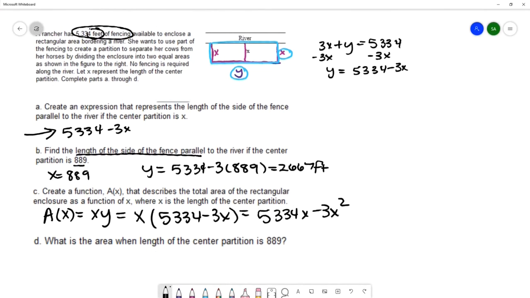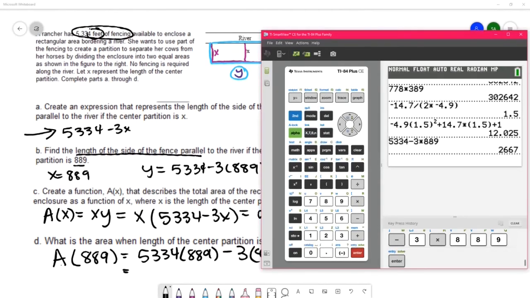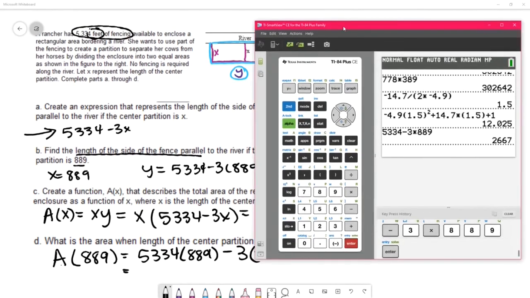And then the last part here, we're now given that the center partition is 889 feet, and we want to know the area, so we can substitute that into our area function. Area of 889, that's going to be 5,334 times 889 minus 3 times 889 squared. So we'll use our calculator again to work that out.